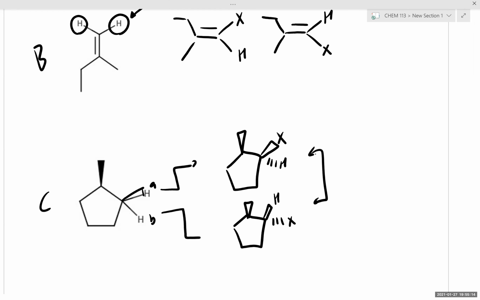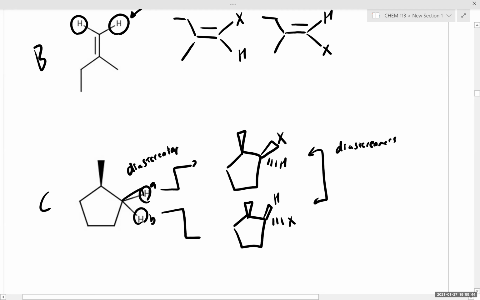Are they enantiomers? Enantiomers would have a different configuration at every single center. Is that true in this case? Oh no, so they're diastereomers. Yep, these are diastereomers. And as a result, these two protons are diastereotopic.